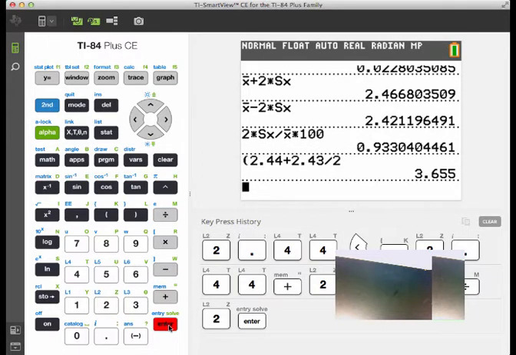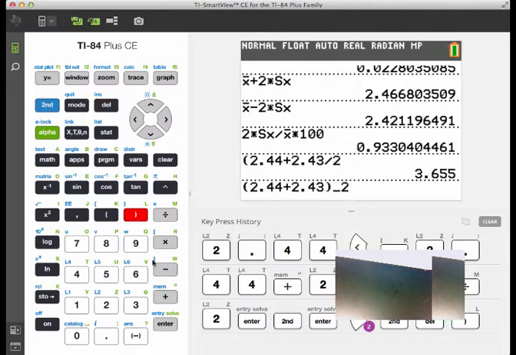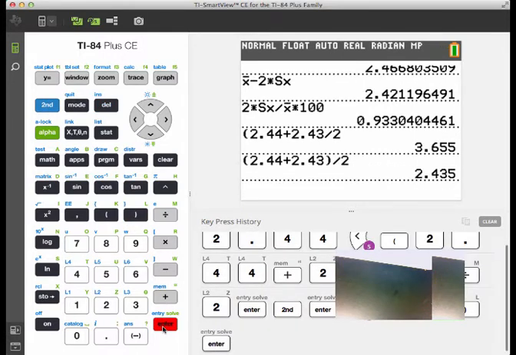So we get a seemingly nonsensical answer, and that's because we forgot the second parenthesis. So we'll do a second entry, and we will back up here, and we will insert a parenthesis, and now we hit enter, and that's what we would expect, 2.435. So I write that to the hundredths place, 2.44.